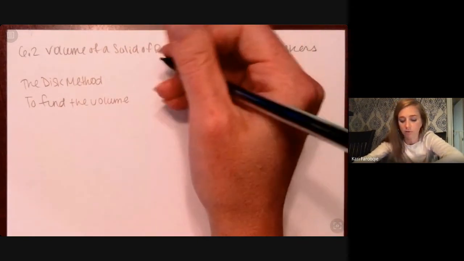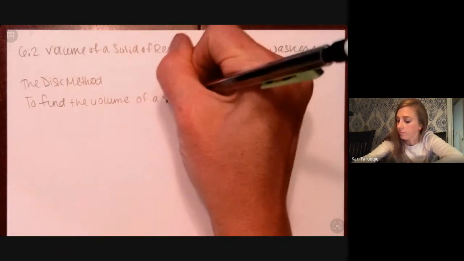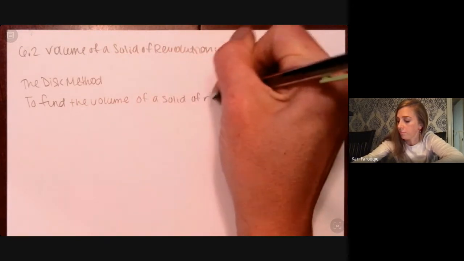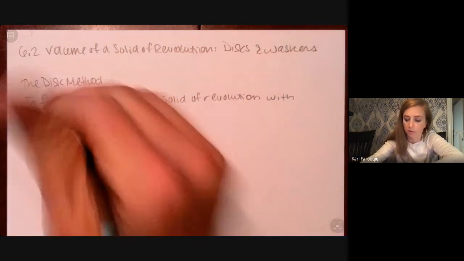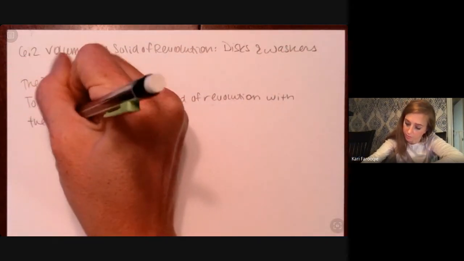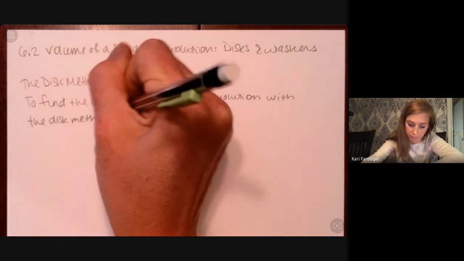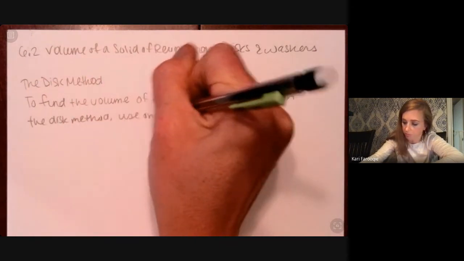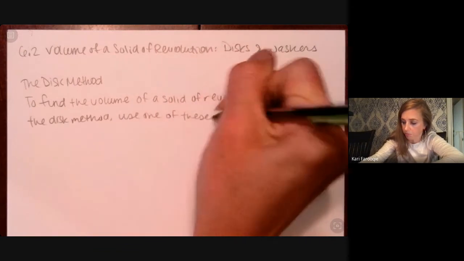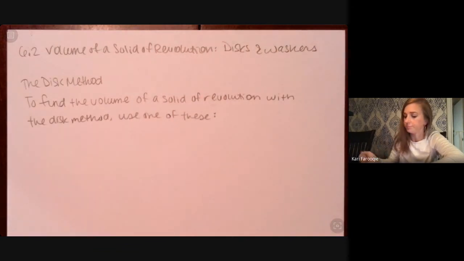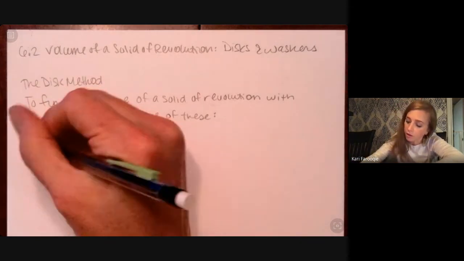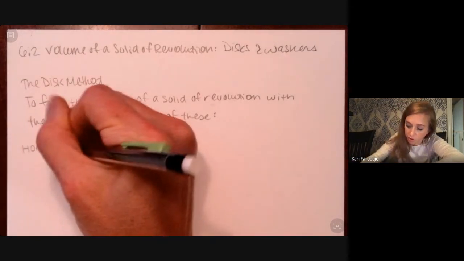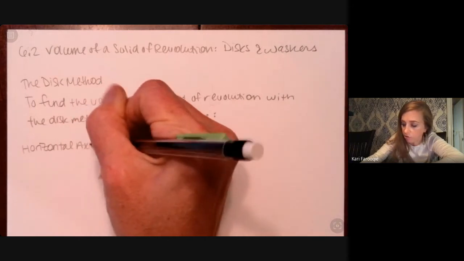To find the volume of a solid of revolution with the disk method, use one of these. Which one you use is going to depend on whether your axis of revolution is horizontal or vertical. So I'm going to write down the first one as being for the horizontal axis of revolution.